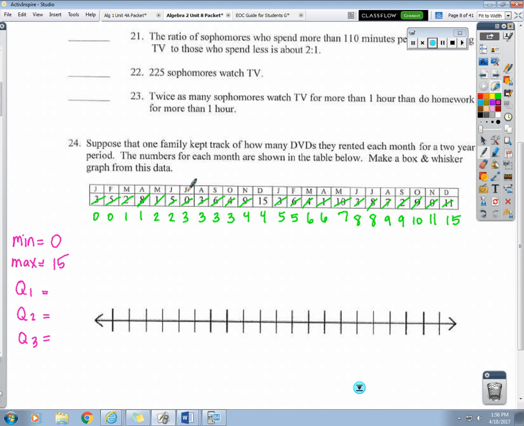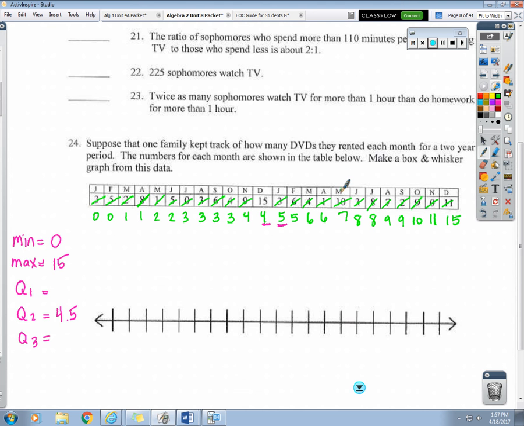No, so we need to count over 12 from each way, right? 1, 2, 3, 4, 5, 6, 7, 8, 9, 10, 11, 12. So December, and then if you go this way, it'll be January. What is the median? Because they split the middle. So what do you do to find the median? Right, 4.5. The middle of 4 and 5 is 4.5.